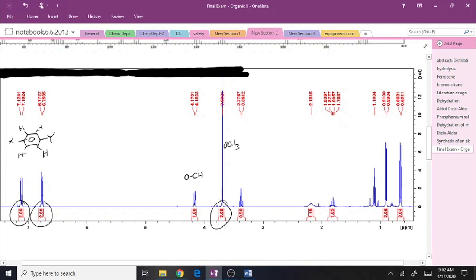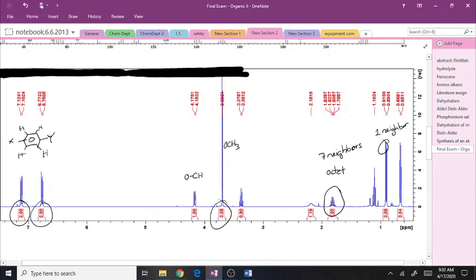But you should be able to recognize this doublet indicating this is next to a CH, it has one neighbor, meaning it's bonded to a CH. This peak, if we blew that up, you could see that it has 8 peaks, so this is an octet, meaning it has 7 neighbors.